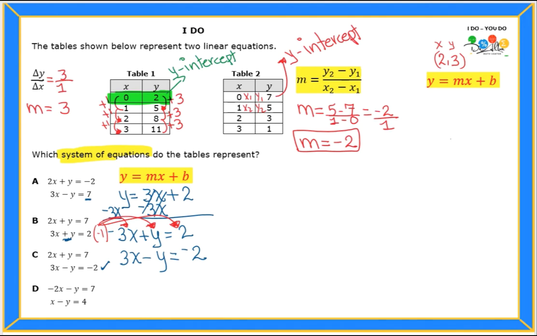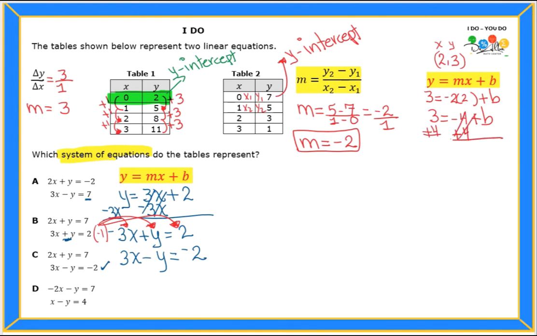Let's replace the values. So y is 3, m is negative 2. I am working with table number 2, so don't bring in table number 1, okay? And the x value is 2 plus b. Let's go ahead and work it out. Negative 2 times 2 is a negative 4 plus b. I need to get rid of the negative 4, so I need to add 4 on both sides.